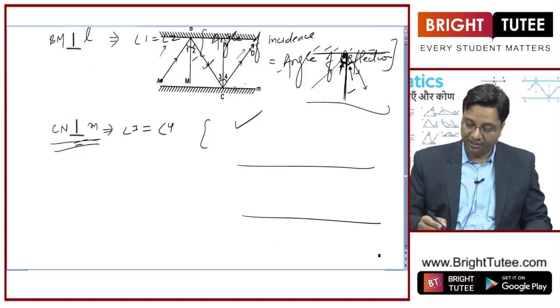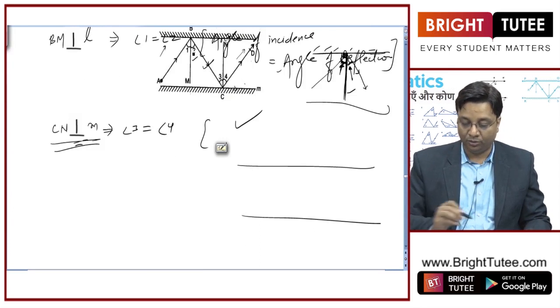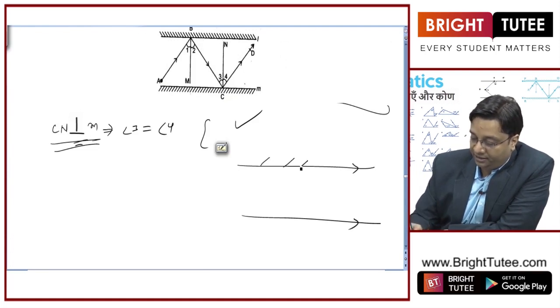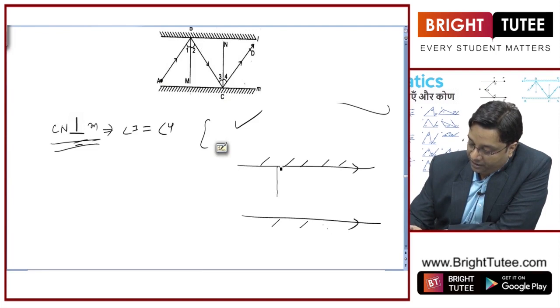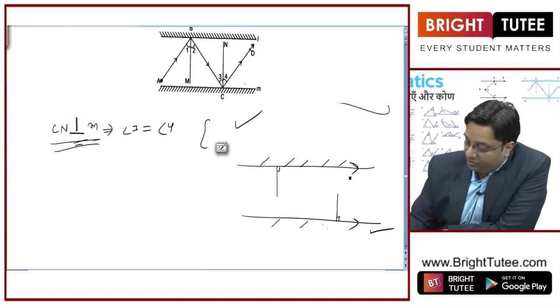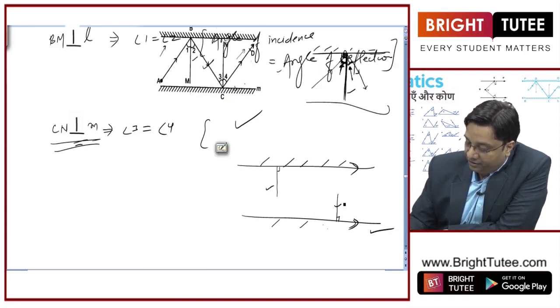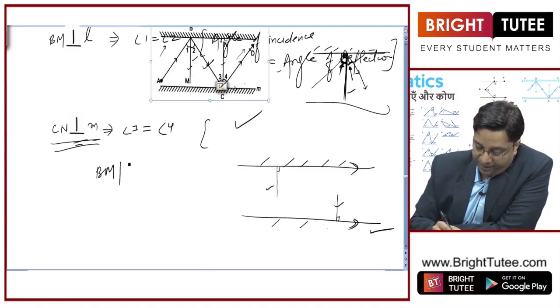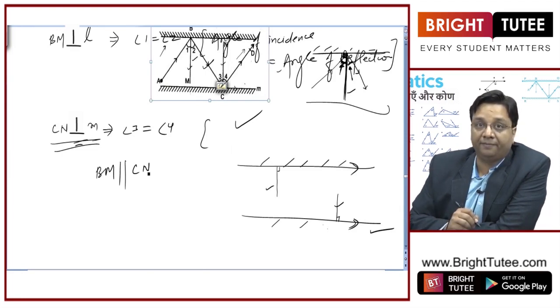Angle 1 is equal to angle 2, angle 3 is equal to angle 4. Consider these two lines to be the mirrors. The perpendicular line to this will also be parallel to the perpendicular line to this, because these two are parallel. So these two lines will also be parallel. Now BM is parallel to CN.